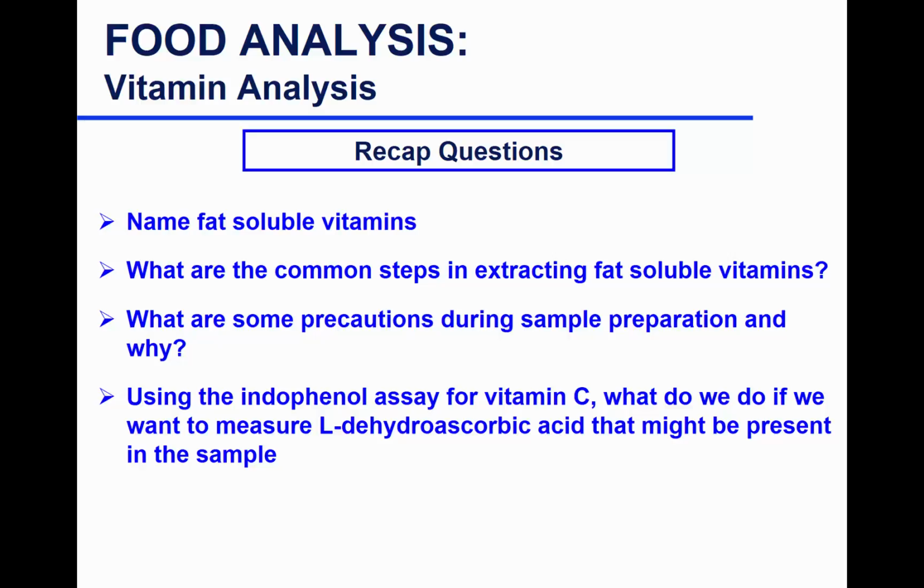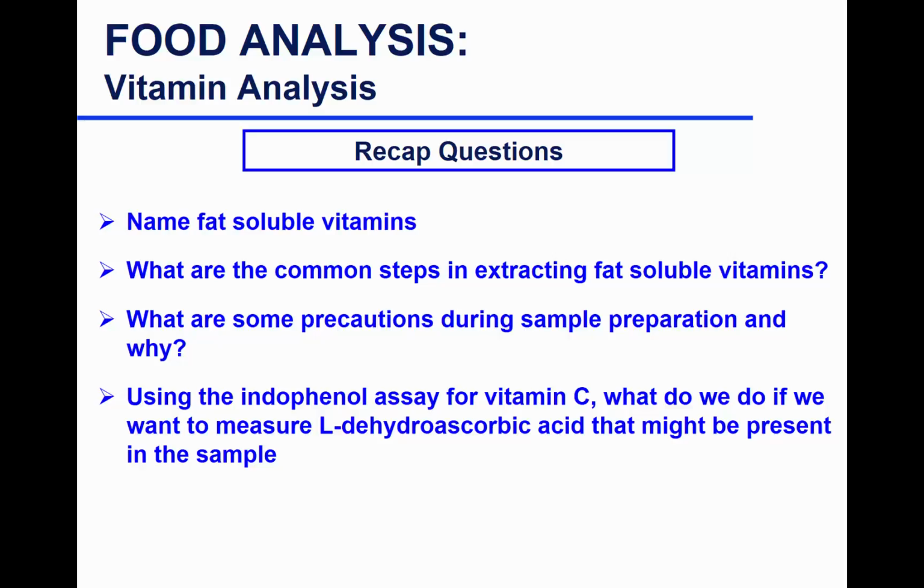All right, so using the endophenol assay for vitamin C, what do we do if we want to measure the dehydroascorbic acid that might be present in the sample? Add a reducing agent.